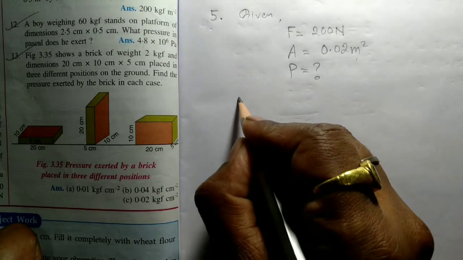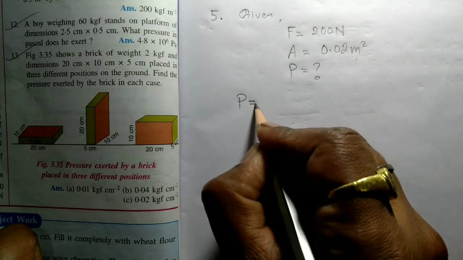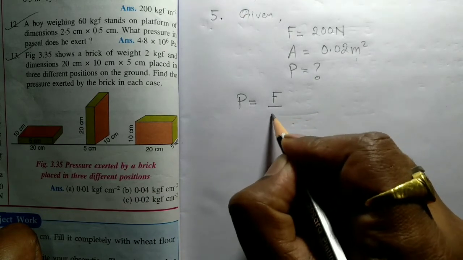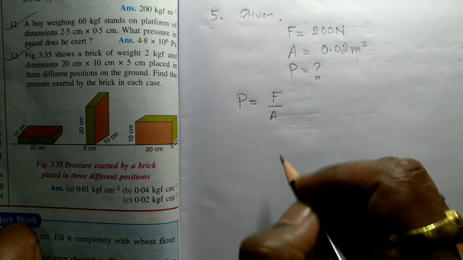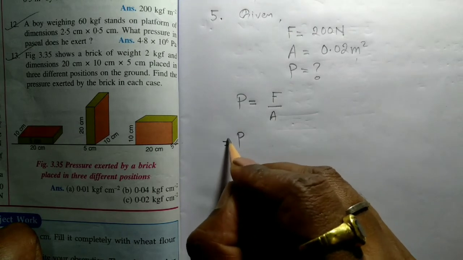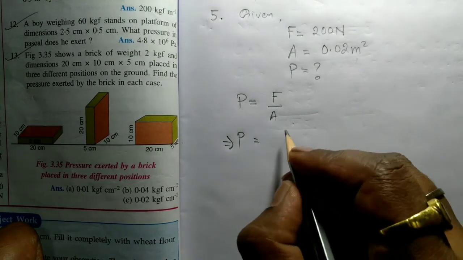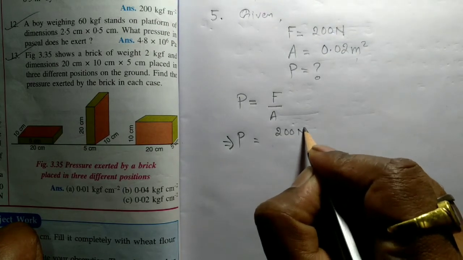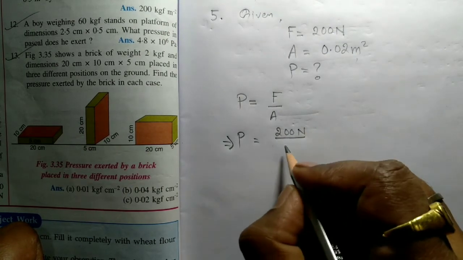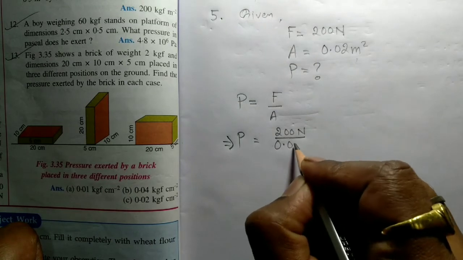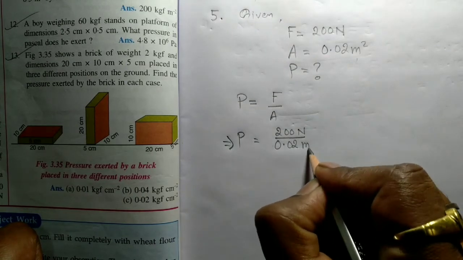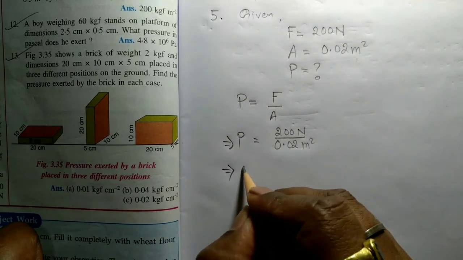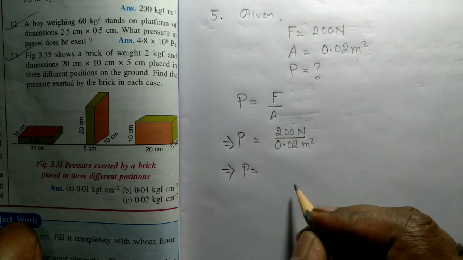So you know the formula of pressure, P equals F upon area, right? So next line, P will be equal to, replacing the values of F and A, 200 Newton by 0.02 meter square.